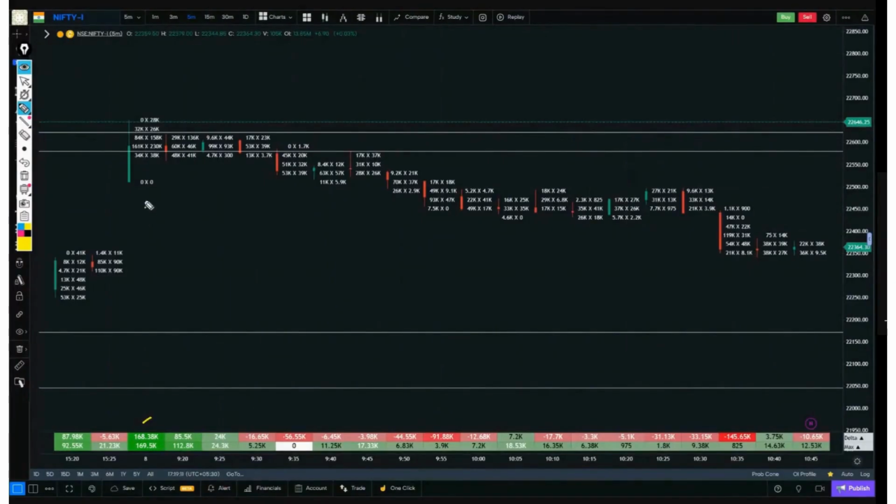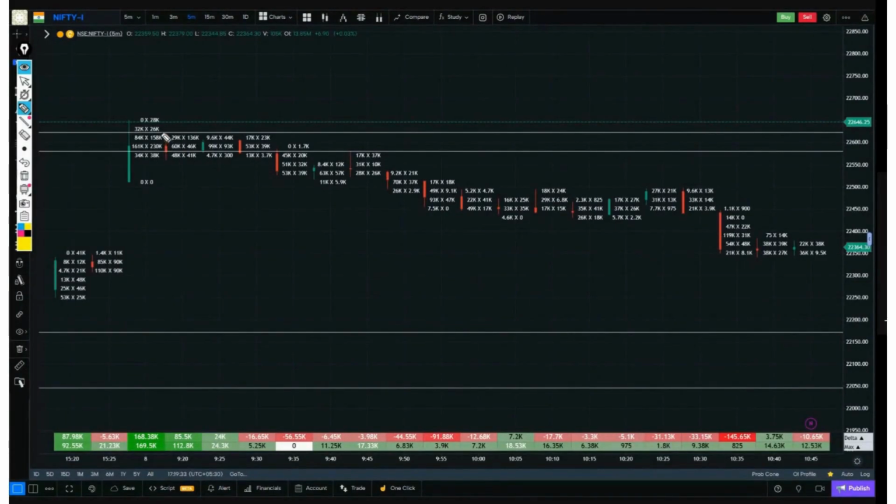Now, within the first candle, what is more prevalent? If there are more buyers, we will only read the buyer's side. The delta has indicated that within this particular candle there are a lot of buyers, so we will only read the buyer's side. Which particular points on the buyer's side have the most buying?